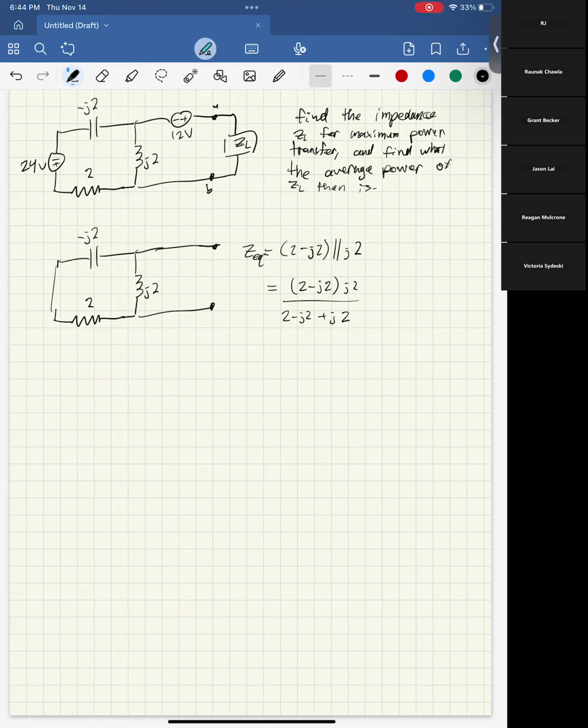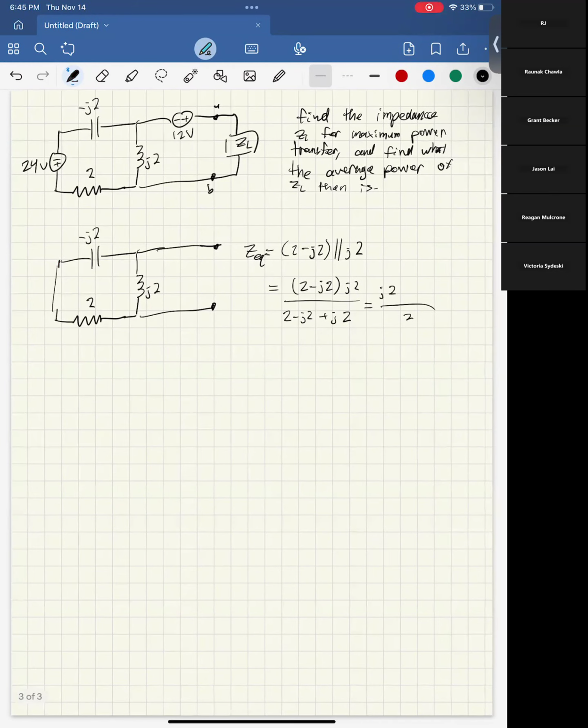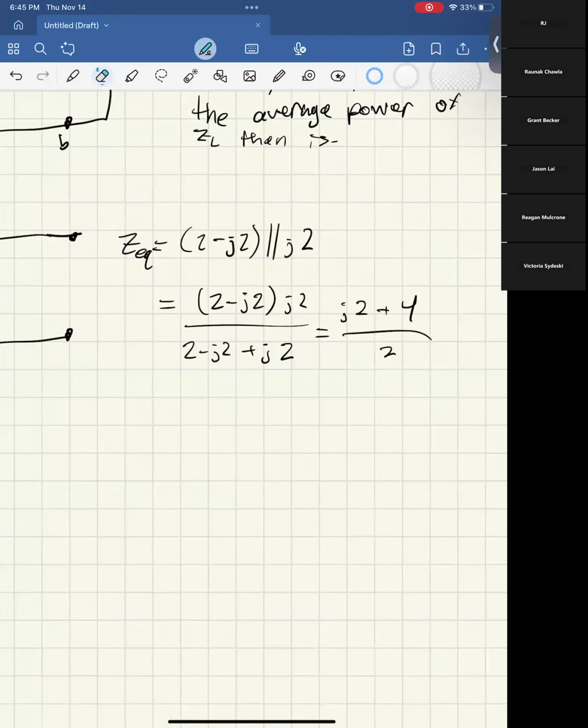If we do the math on this, it is all over 2, and then J2 times minus J2 would be 4, negative 4J, but it's squared, so it would be plus 4, I believe. Oh, silly mistake. This is a 2 times J2, so this would be J4. And then divided by 2, you get 2 plus J2.